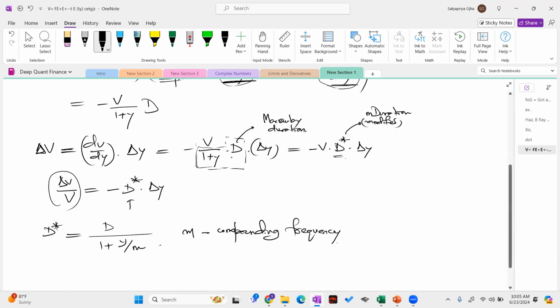So for semi-annual, it will be D divided by 1 plus Y by 2. For quarterly, it will be 1 plus Y by 4.